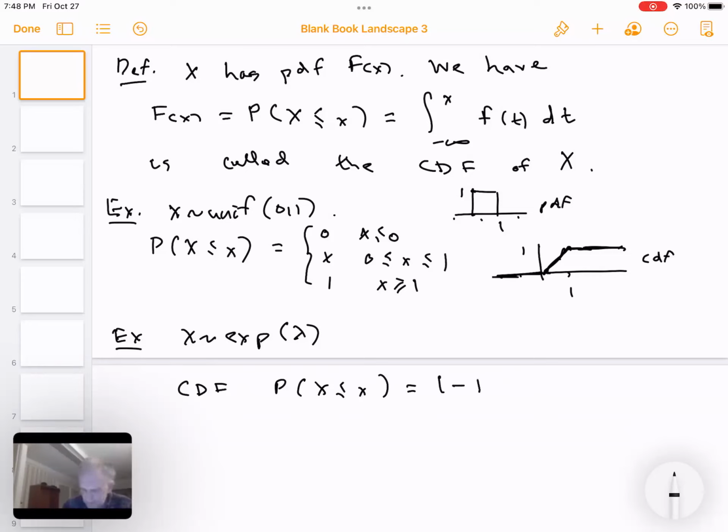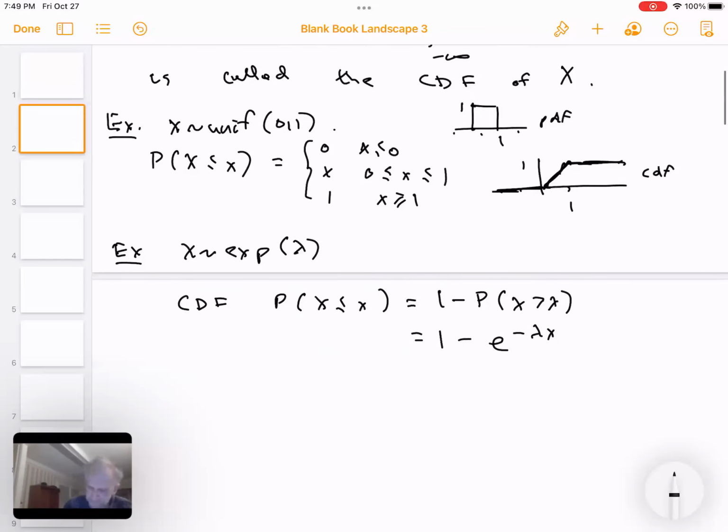This is 1 minus the probability X is greater than little x. And this we saw last time is e to the minus lambda x. So 1 minus e to the minus lambda little x. Okay, we did this last time, so I don't need to repeat that again. If you want to see what this looks like, we can graph this.